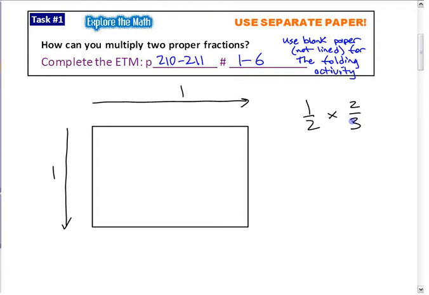One direction, if we want to model this, you're going to fold the paper in half one way. So this way I want you to fold the paper along there the longer way. Fold the paper like that. Fold it over and then you're going to shade in half of it.